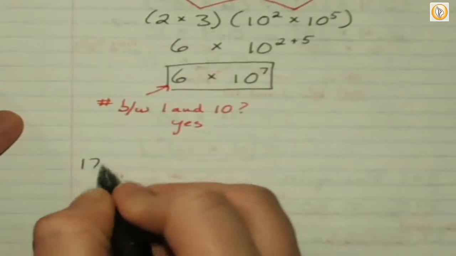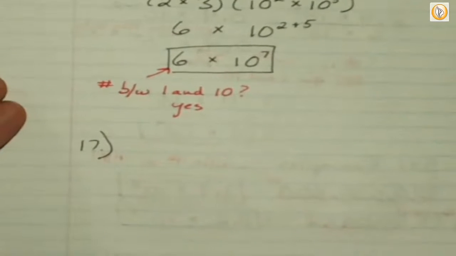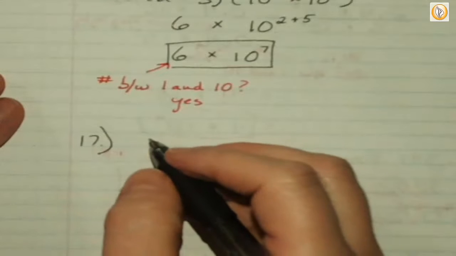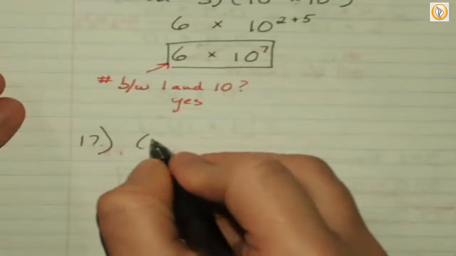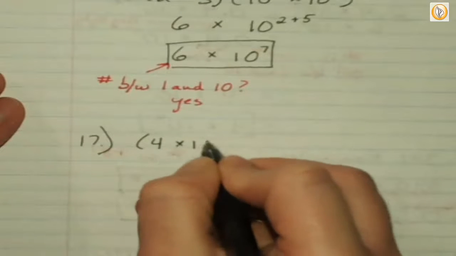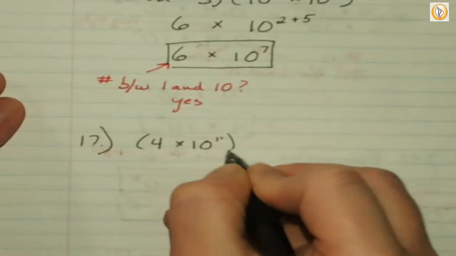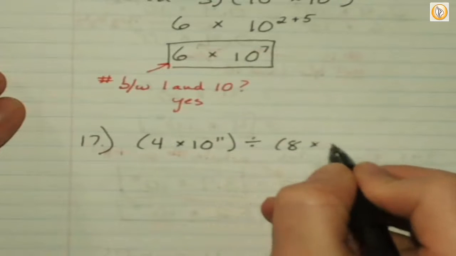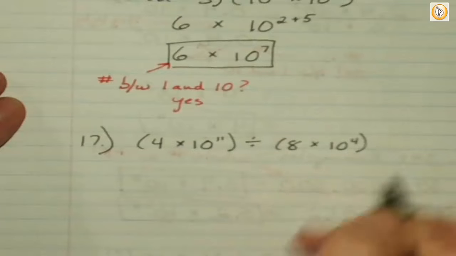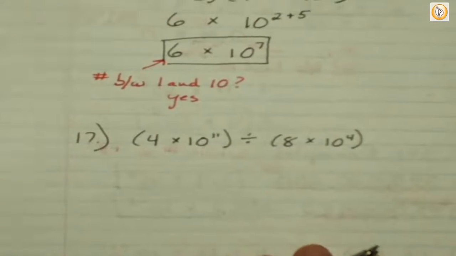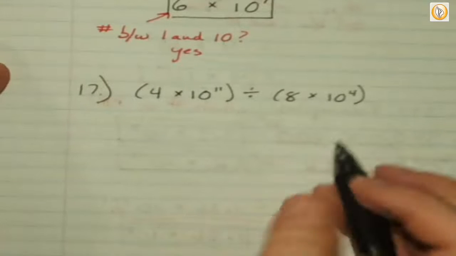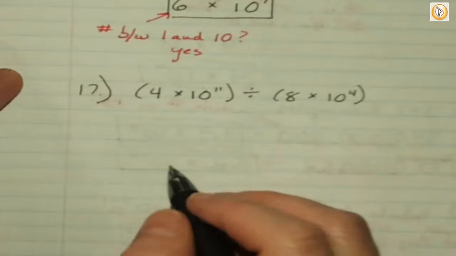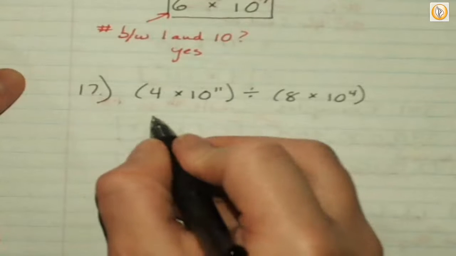Let's look at 17. It's 4 times 10 to the 11th power divided by 8 times 10 to the 4th power. So division, remember what I said, rewrite these by stacking them.